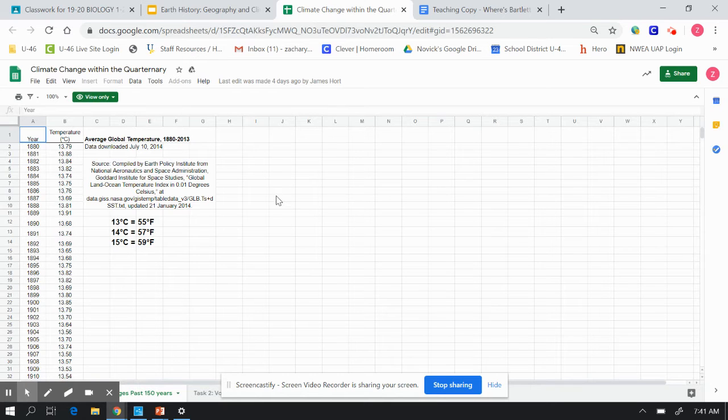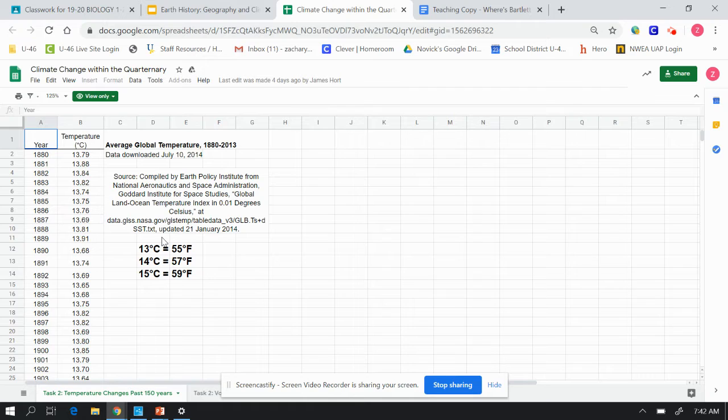So looking at that, here is our Google Sheet. You can see that this one is average global temperatures. Again, we know we're looking at average global temperatures over the past 150 years. You guys can zoom in on this if you just click right here. You can get to 125%. And looking at the details of this specific sheet, in column A, you see year. In column B, you see degrees Celsius.